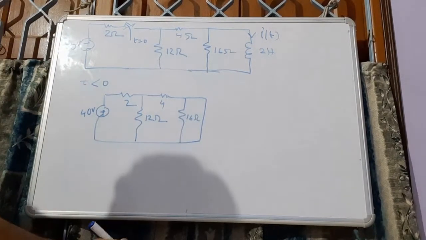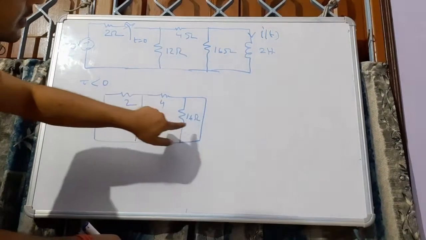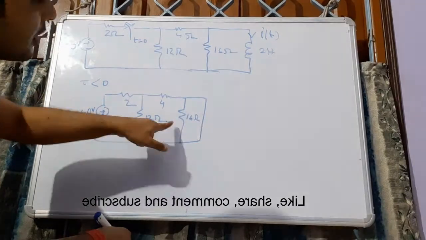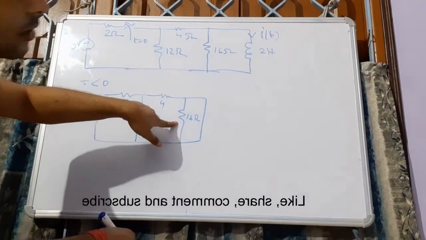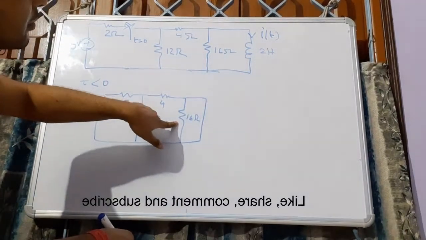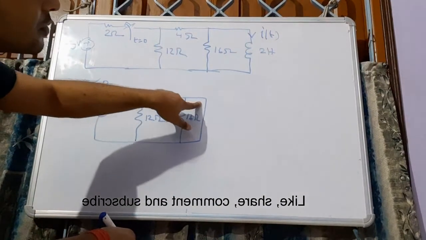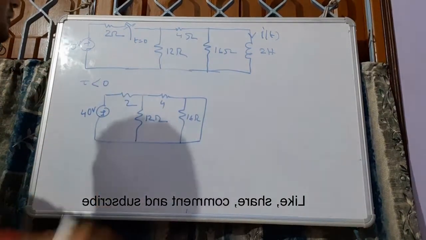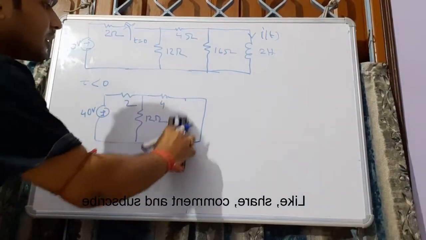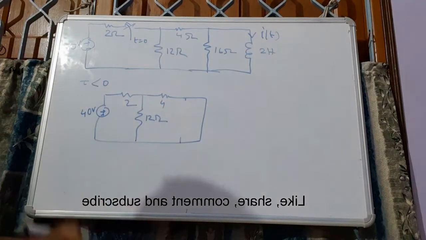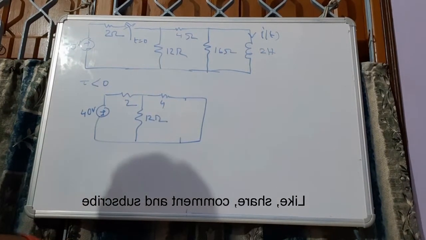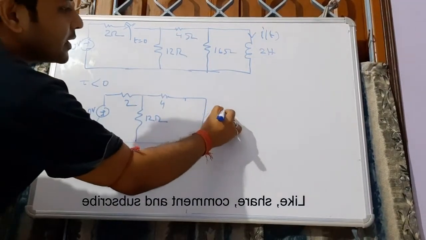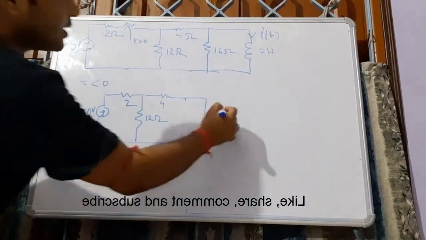Now when a short circuited path is available, there is no meaning of any resistive part, because current will always flow through the minimum impedance path. So this component we can consider as an open circuit. Now the current flowing is I of t, we can consider that I0.